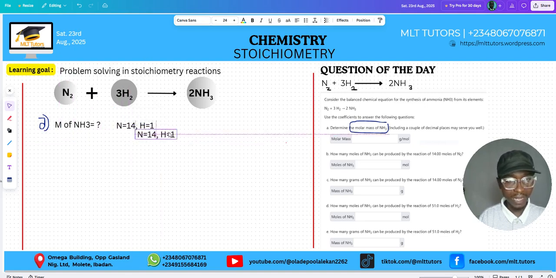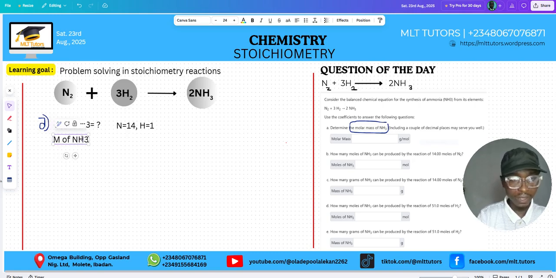So that implies that the molar mass of ammonia, NH3, will be equal to the relative atomic mass of nitrogen, 14, since we have just 1 atom of nitrogen present in ammonia, multiplied by 1, plus the relative atomic mass of hydrogen, which is 1, multiplied by 3, since we have 3 atoms of hydrogen present in ammonia.